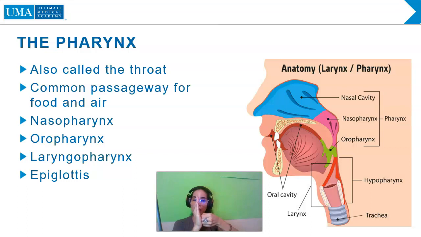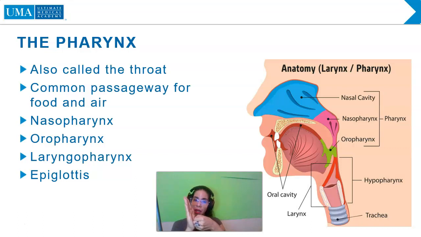As I am eating or drinking, the epiglottis basically covers the trachea so that the food particles or the water particles go down through the esophagus instead of going down into the trachea and making us choke.